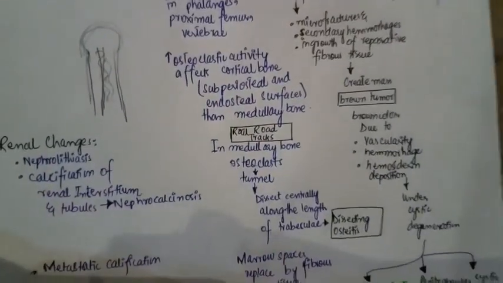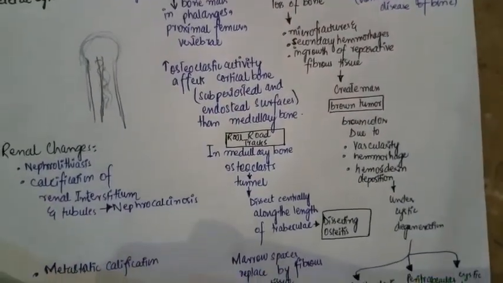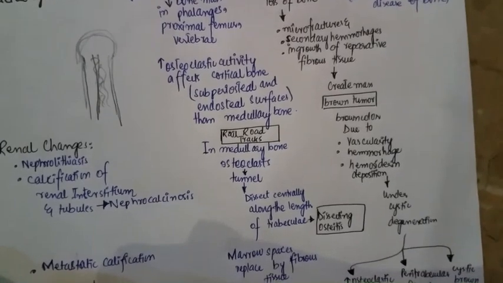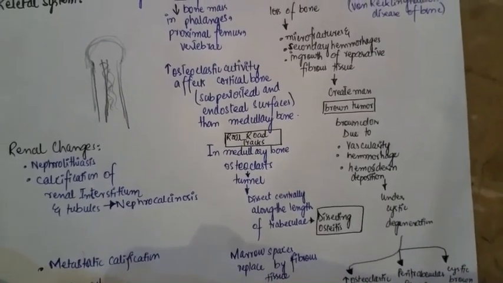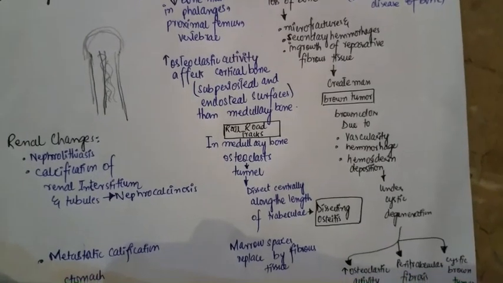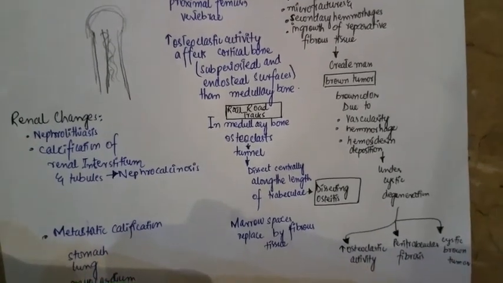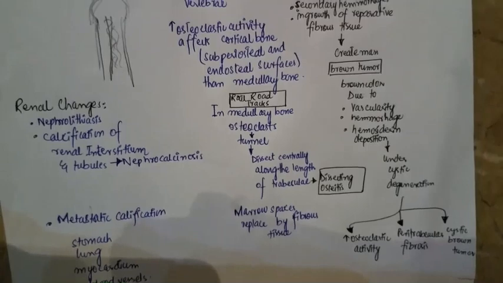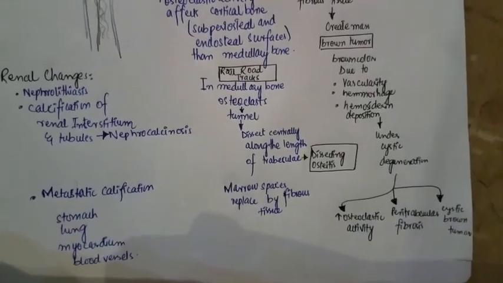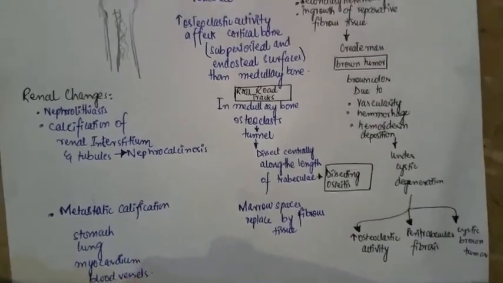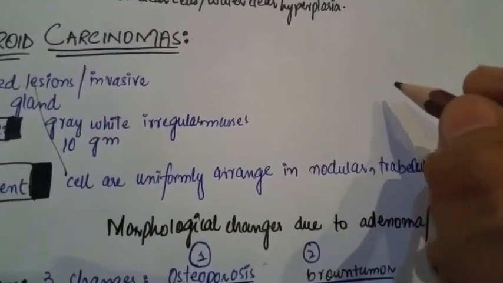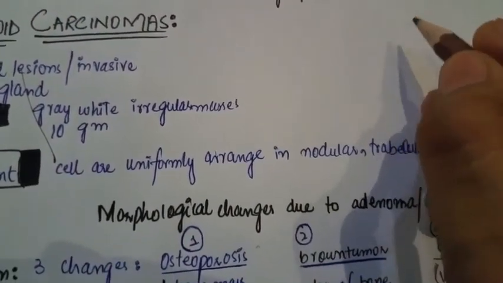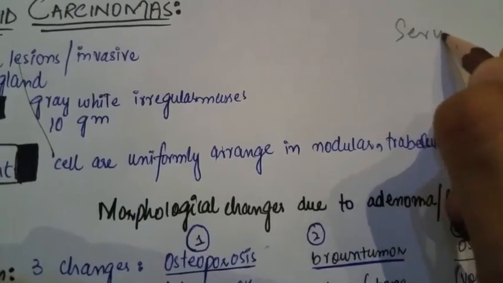What could be the renal changes? Renal changes involve nephrolithiasis, and calcification of the interstitium and tubules results in nephrocalcinosis. Metastatic changes can also be seen in the stomach, lung, myocardium and blood vessels. What labs can be carried out? We can do serum calcium levels.